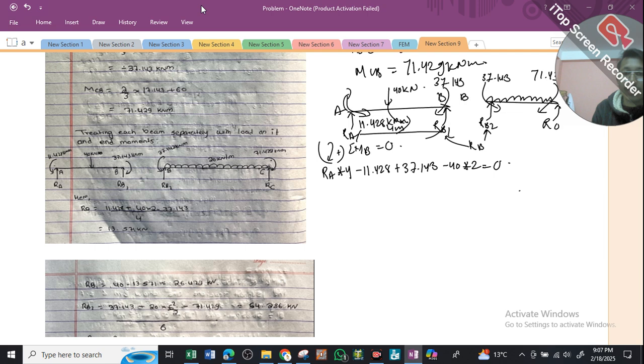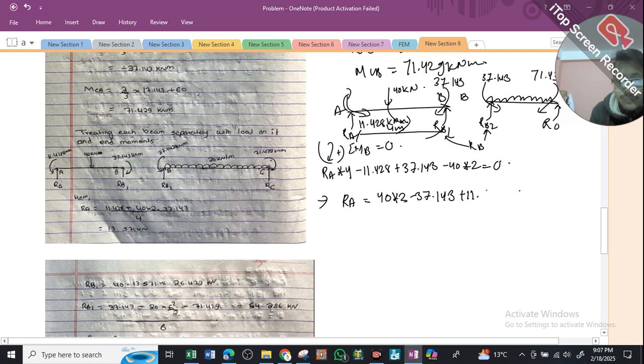So from this, taking all those variables to the right, I get my value of RA as minus all these values, plus 11.428, divided by 4. On doing this we get RA as 13.571 kilonewton.